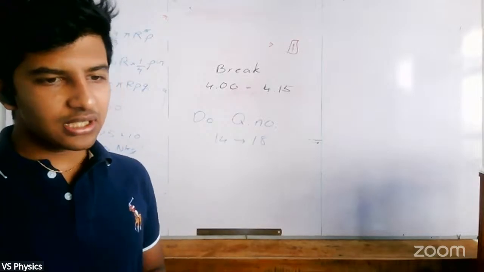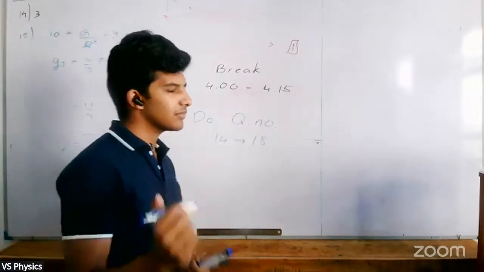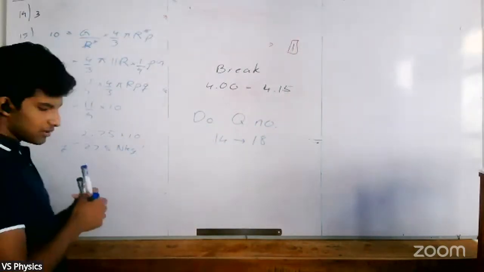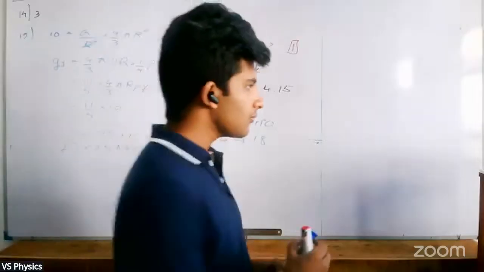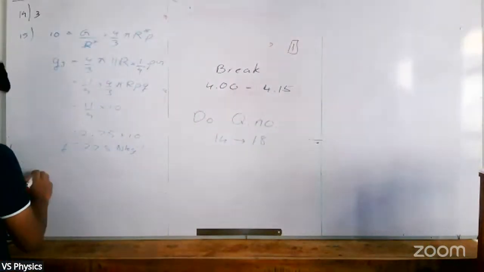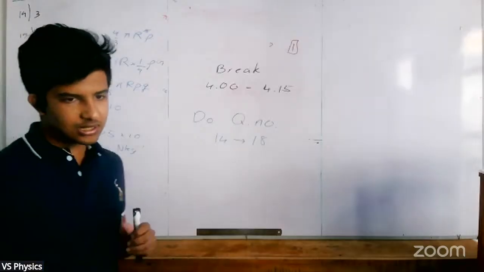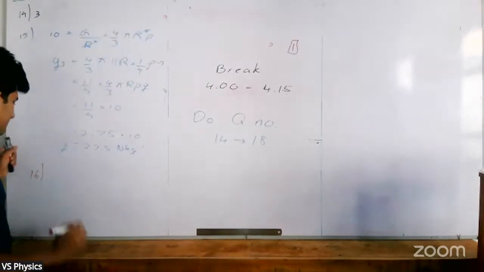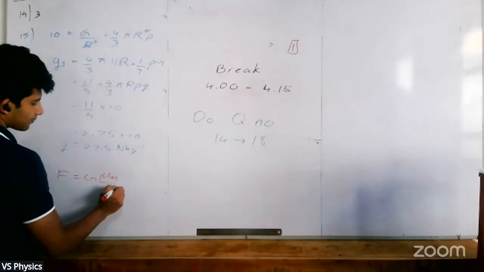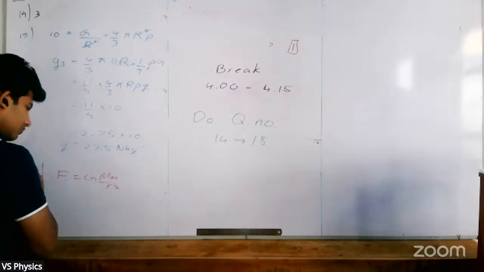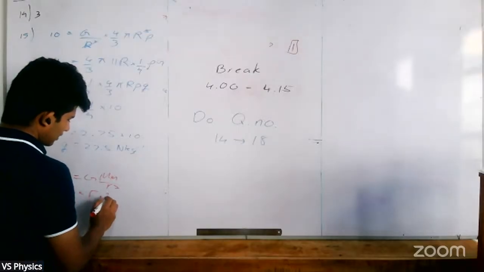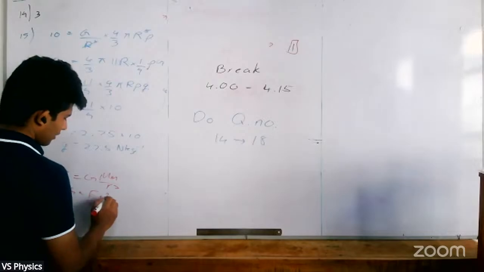The dimension of gravitational constant is given by... we can write the answer directly. If not, we can find it using some calculations. What are the calculations? 16. F equals GMM over r square. We can make g the subject, which gives F r square divided by MM.